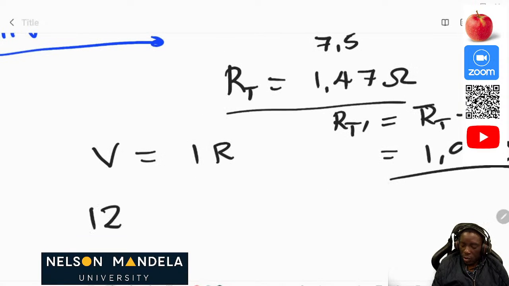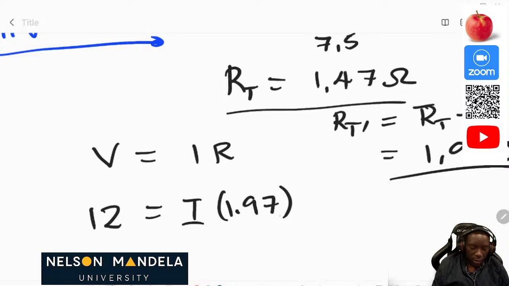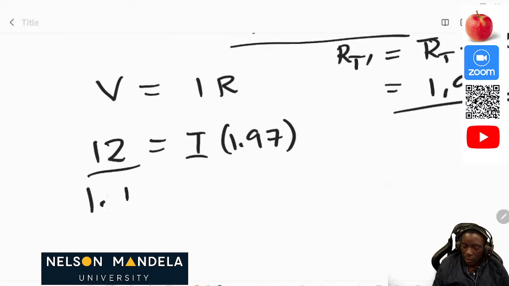And V being 12, I, we don't know, and R being 1.97. We get I equals 12 divided by 1.97.